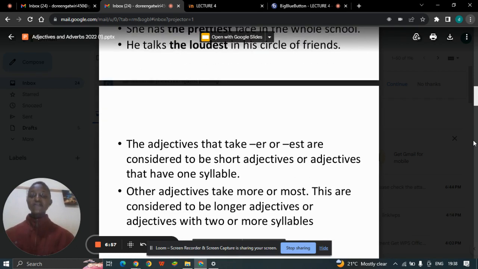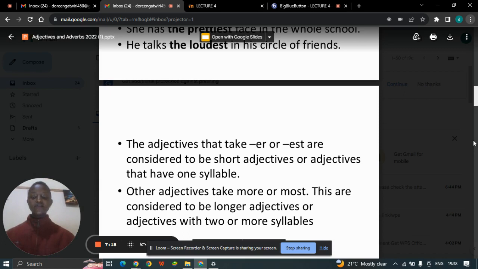The adjectives that take the suffix -er and the suffix -est are considered to be the short adjectives, or adjectives that have one syllable. Other adjectives take "more" or "most".